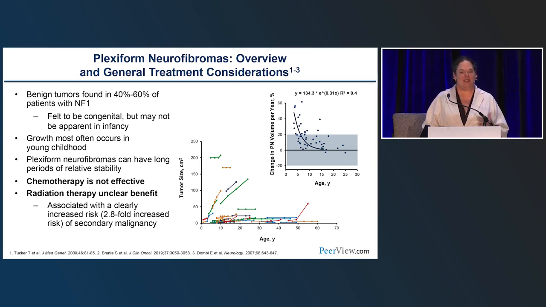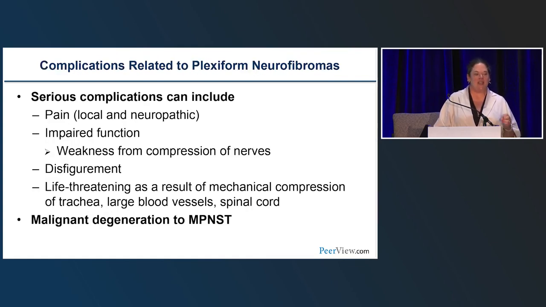And we'll talk a bit about this, but conventional chemotherapy, which makes us all sad as oncologists, has really not been successful. And radiation therapy really does not have a clear benefit and really puts patients at risk in this tumor predisposition disorder to true malignancies with almost a 3-fold higher rate. You can get serious complications from plexiform neurofibromas.